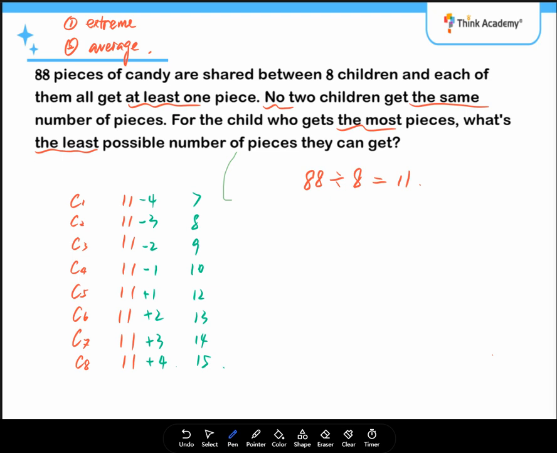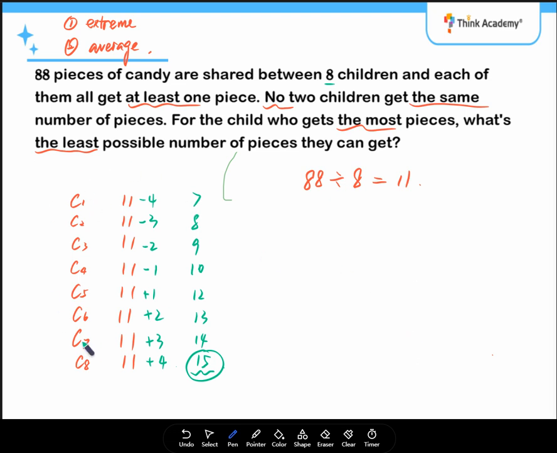Since there are 8 children, this is an even number, so we do things this way. But if there were 7 children, then there would be an 11 in the middle. So we start from two different ends, right? So this is one of the ways, and in this way you can get the answer 15.